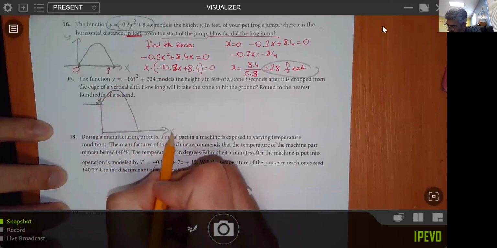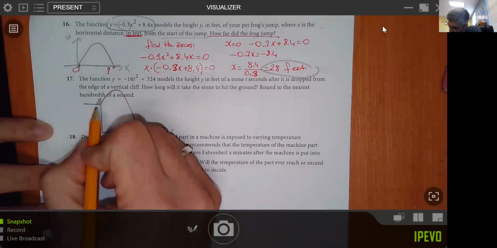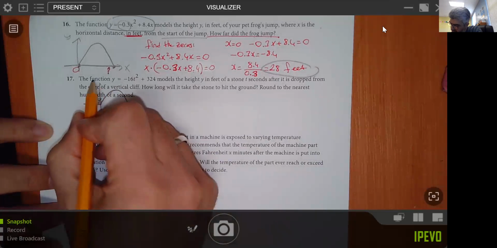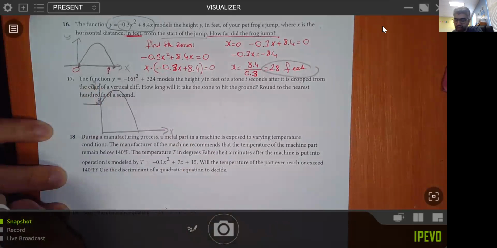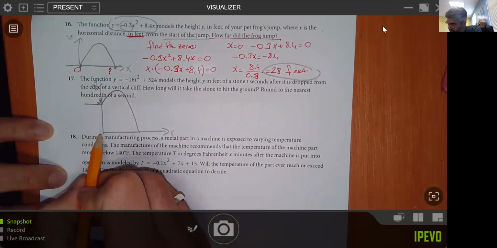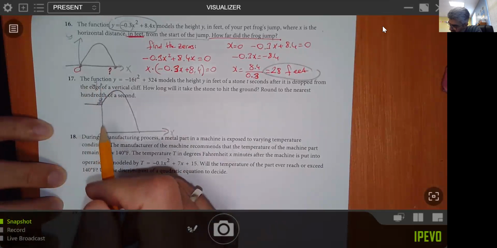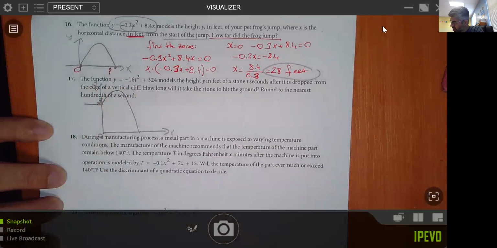This is the y-axis, and here is the 0. Why do I say this? Look here, guys.